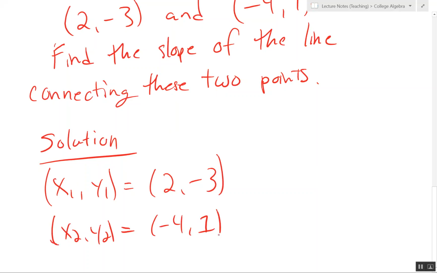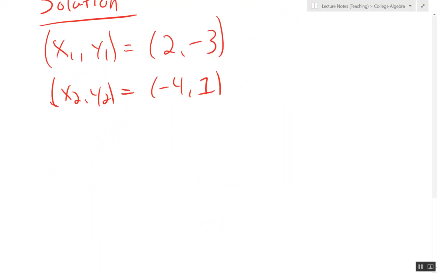It doesn't matter which point you assign to the 1s and to the 2s. You could have easily made this one x2, y2, and this one x1, y1, and the answer will still come out the same. You just do this initially so you can set up the equation correctly. So m equals y2 minus y1 over x2 minus x1. Whenever you're trying to learn the formula, always write it down first, then plug in your numbers.